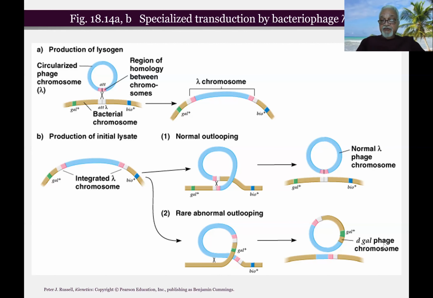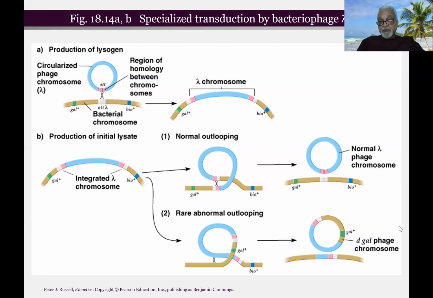It is defective. It cannot carry out its life cycle if this whole thing is delivered to a recipient cell in the next generation, because it lacks some of these genes. But instead, it is carrying some of the host chromosomal DNA and the genes which are located on that.